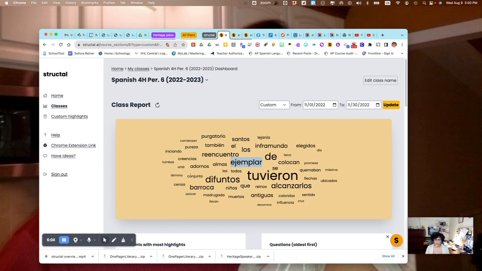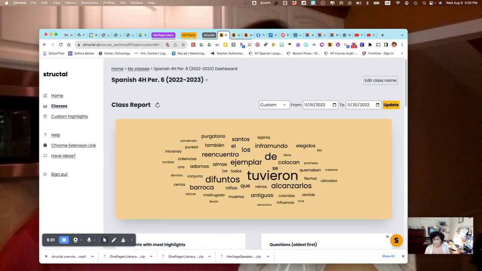I look for any reteaching that I have to do as far as recognition of word families, of vocabulary. How do they not know tuvieron? Do you recognize that this is a verb, and where does that verb come from, and what tense that verb comes from? We look at prepositional phrases.